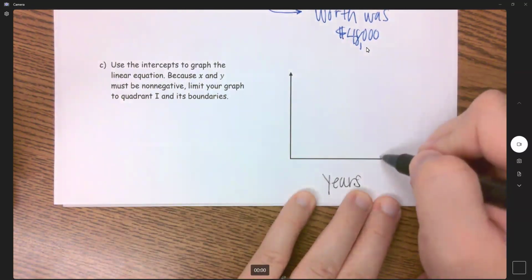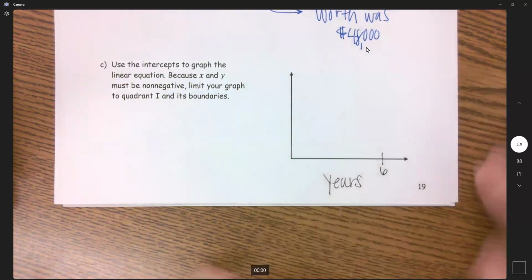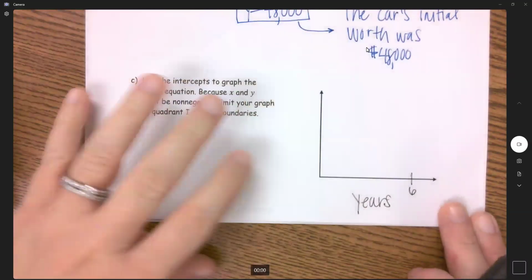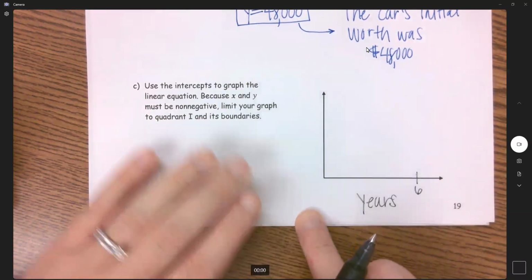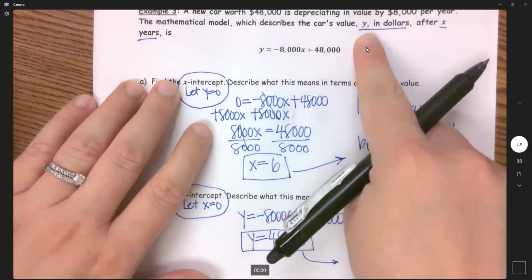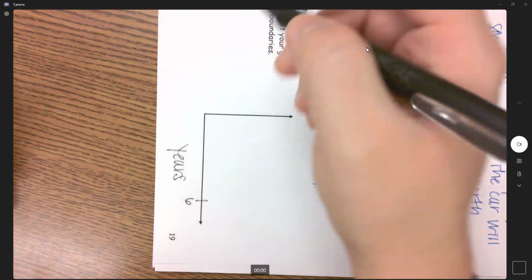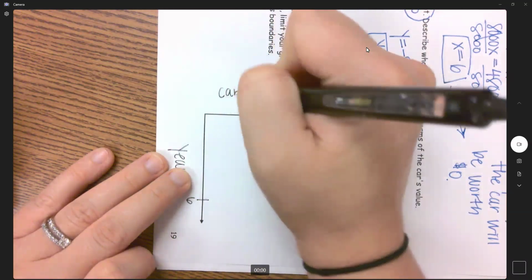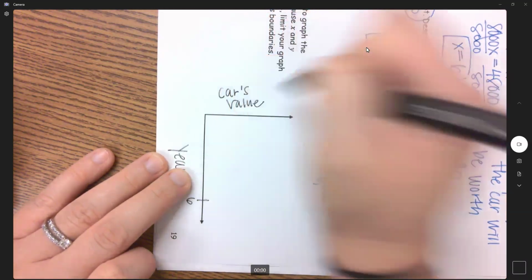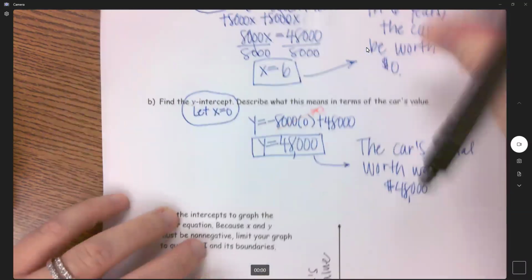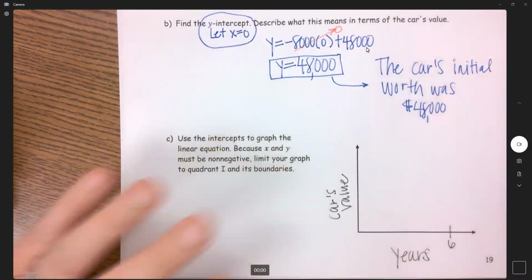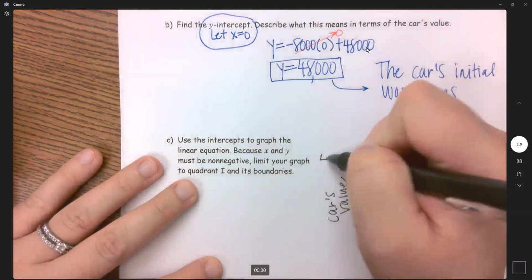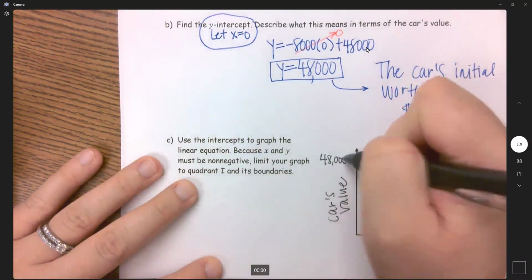And we know it's going to cross right here at 6 because that was my x-intercept. And then my y-axis is in dollars. So this is representing the car's value. And my y-intercept was 48,000.